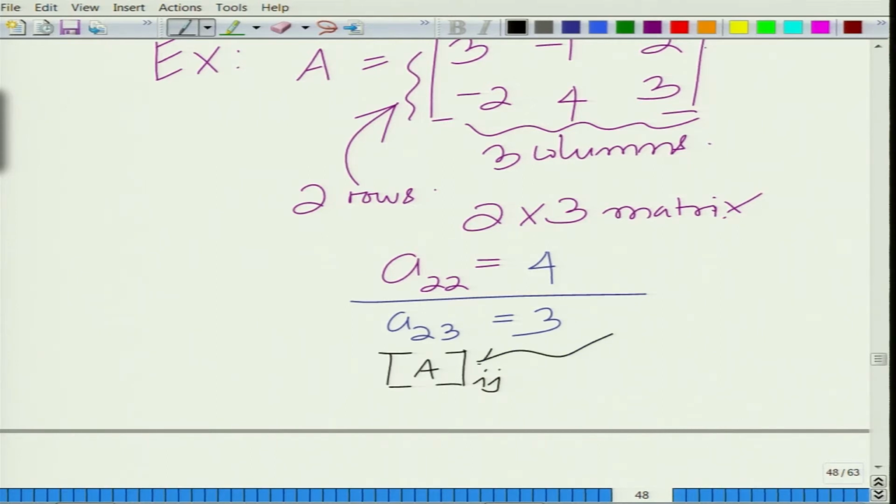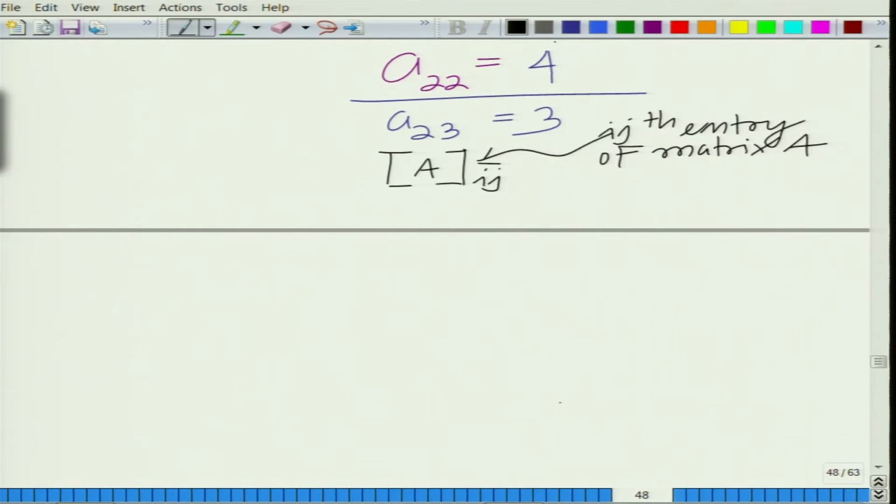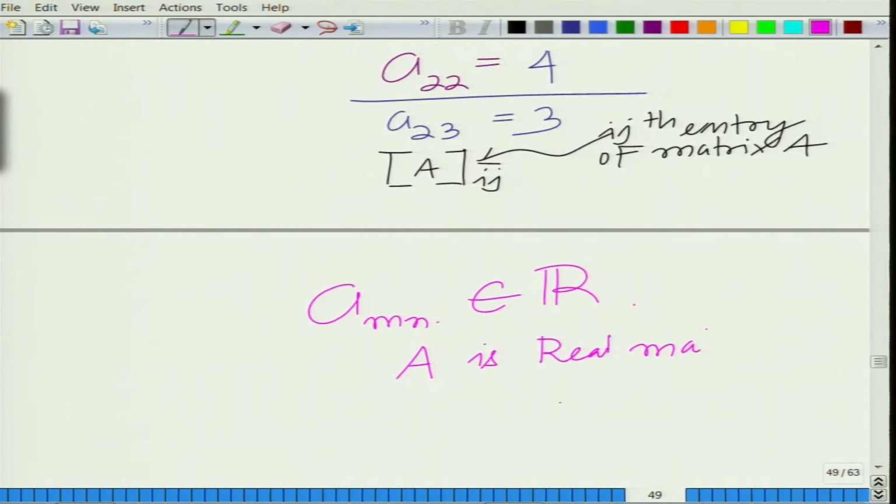So this is another way of representing the ijth entry of the matrix A. Also, if every Aij is real, that is all elements are real, A is a real matrix.